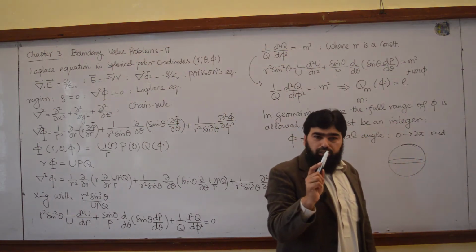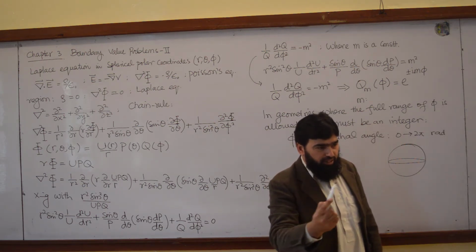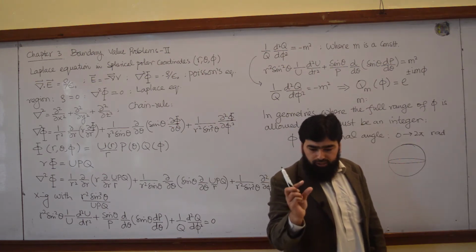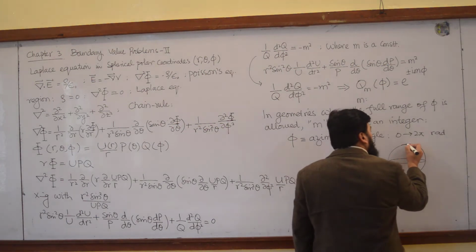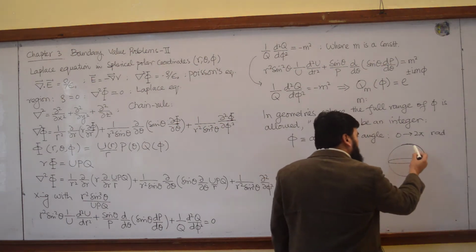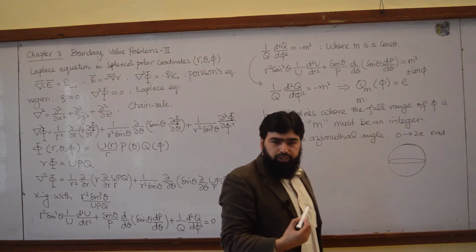So the sphere is actually made of different circles, and the radius of those circles decreases toward the top, where you have a circle of 0 radius. Then its radius increases and you make a sphere from those circles.